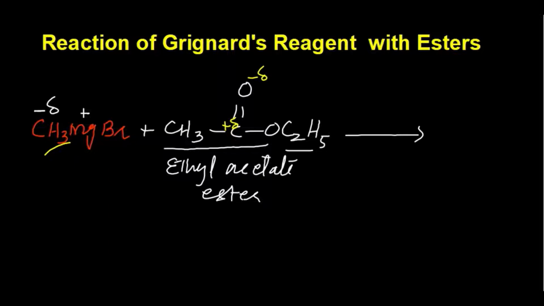The carbon, with the help of this negative charge, will attack on this carbonyl carbon, and pi electron density goes to this oxygen. Oxygen becomes negative. With the help of this negative charge, this oxygen will make a bond with the magnesium atom. So we will see what product is formed after this reaction.